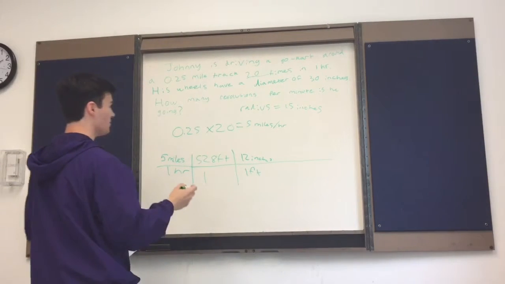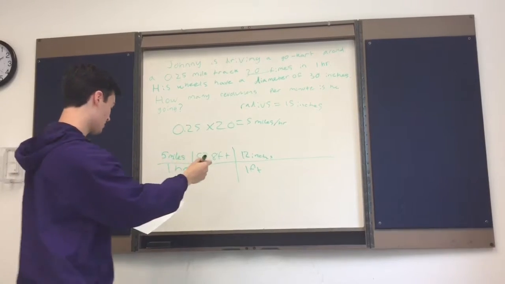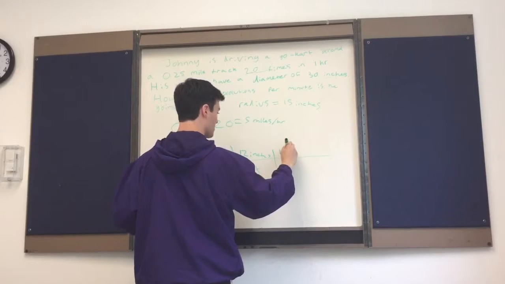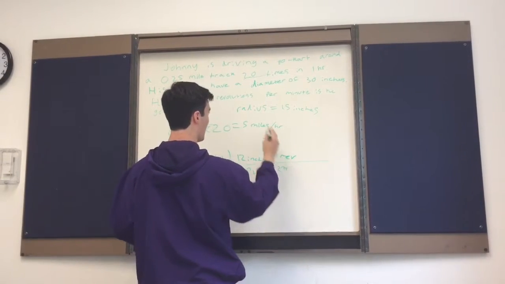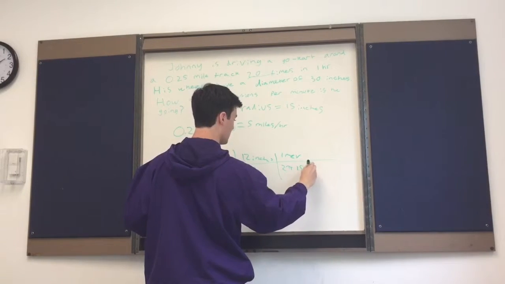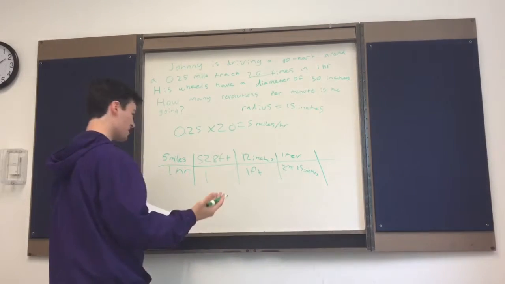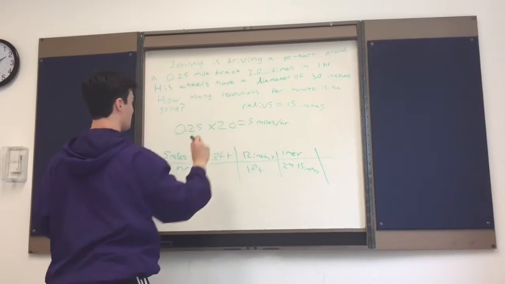All right, and then it asks for revolutions, but we have radians. So we have to do 1 revolution is 2 pi times radius, 15 inches. And the last thing we have to do is convert hours to minutes.